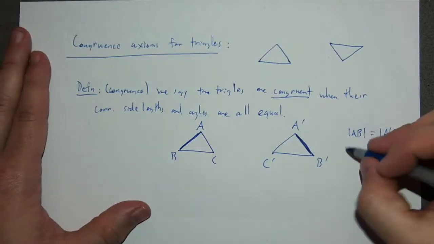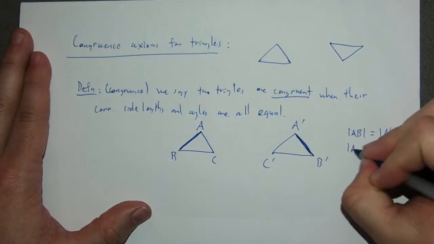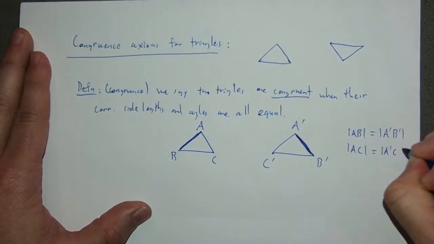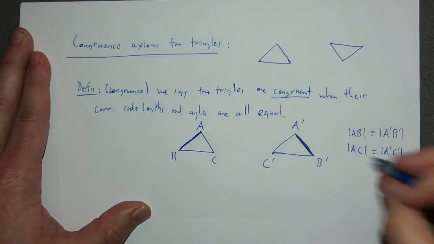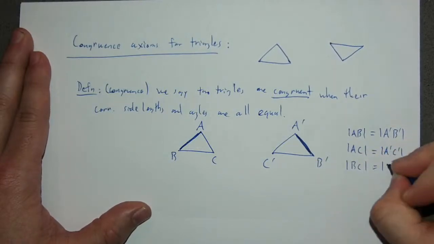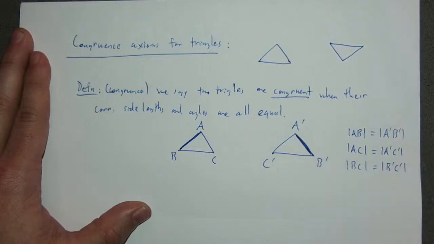Okay, and the side length AC is the same as the side length A prime C prime, and side length BC is the same as side length B prime C prime.